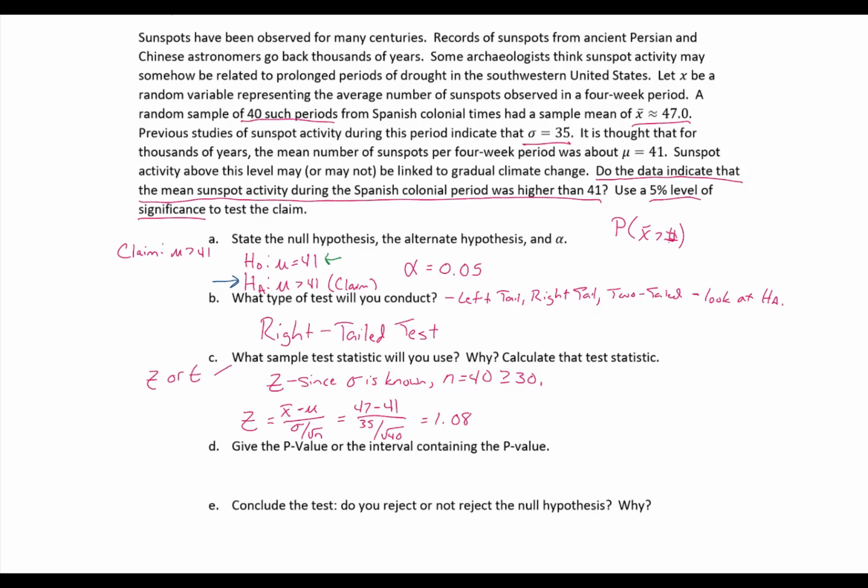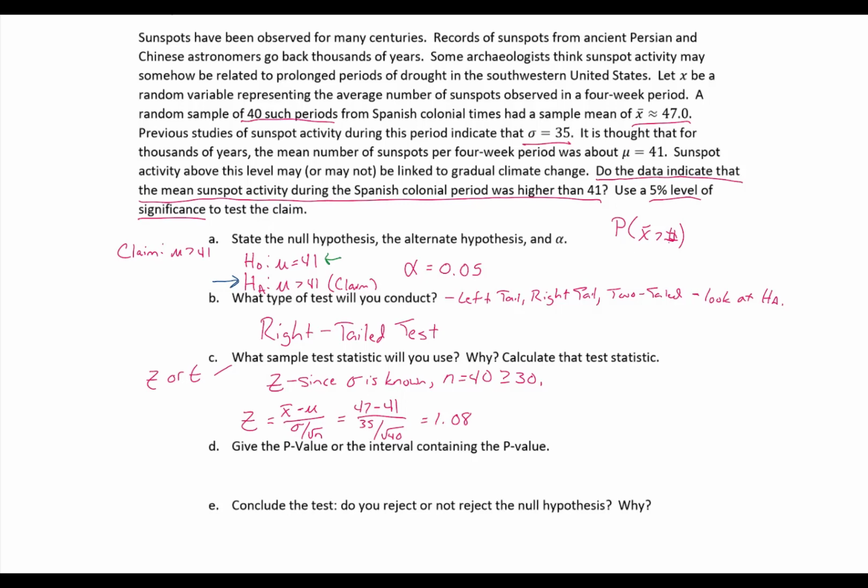So now we want to find our p-value, or the interval containing the p-value. If you're doing a z-test, you will always, always, always end up with just a p-value. If you're using a t-test, most of the time, if you're using the table, you are going to end up with an interval containing the p-value.